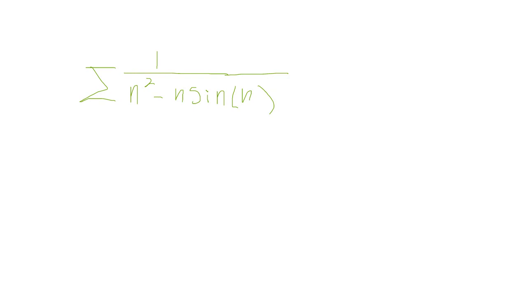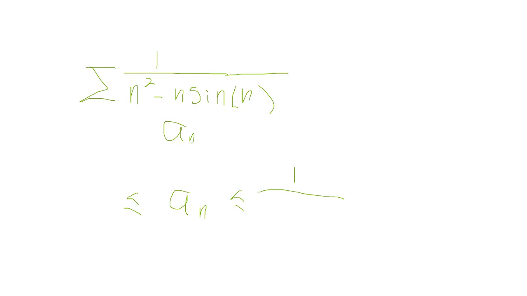So this one, because sine n is in between -1 and 1, let's call this a_n. So a_n is bounded in between two. So we think sine n is negative, or sine n is positive. If sine n is positive, we'll have n squared minus n, right?